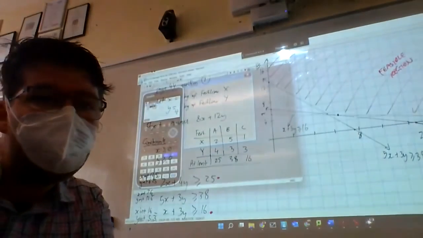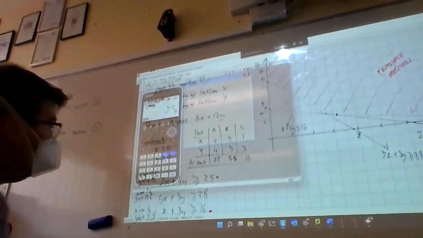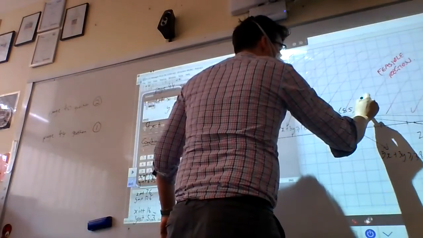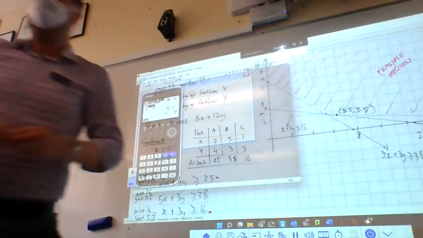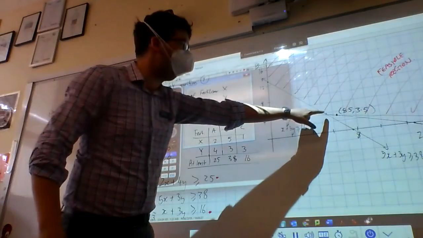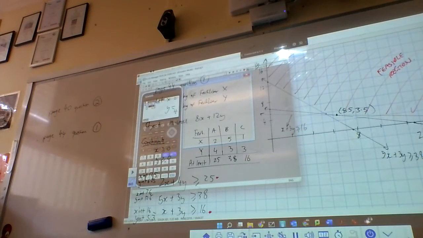Yes, I got 5.5 and 3.5. So then you put that point there. And then what two equations could you use to solve this point here?